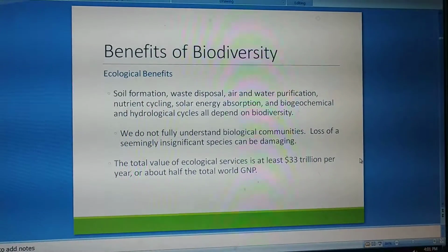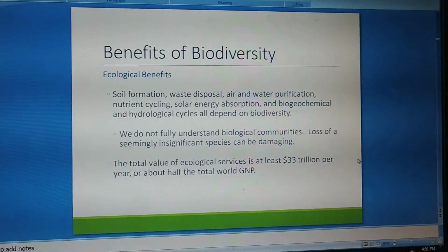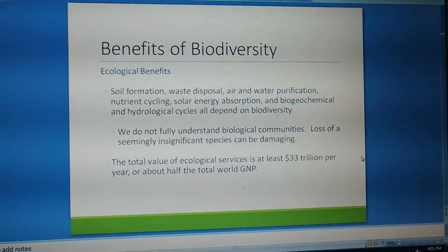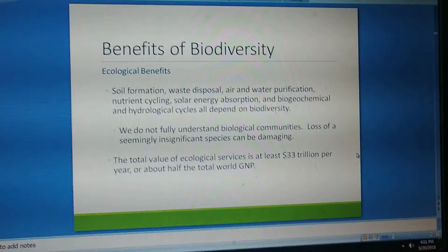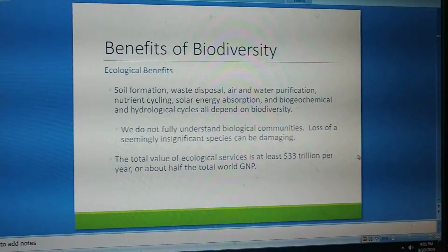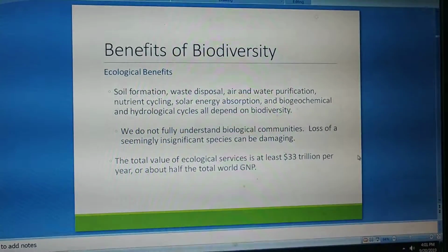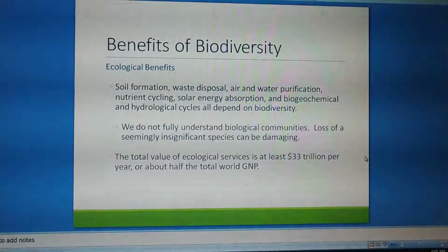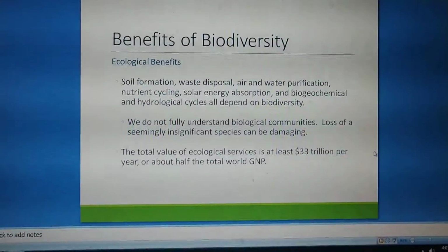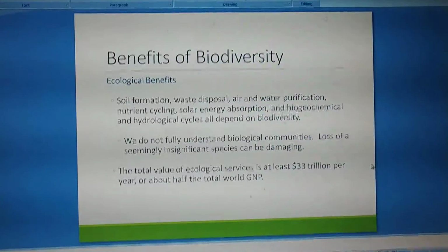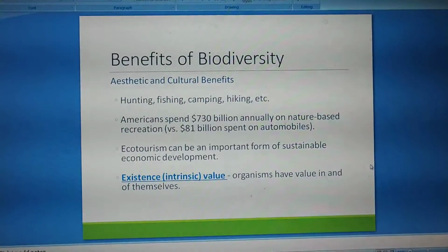It may turn out that organisms that seem insignificant to us have a huge impact later on when they're gone. And it's believed that the total value of ecological services provided by the planet is at least $33 trillion per year, or about half the world's total gross national product.